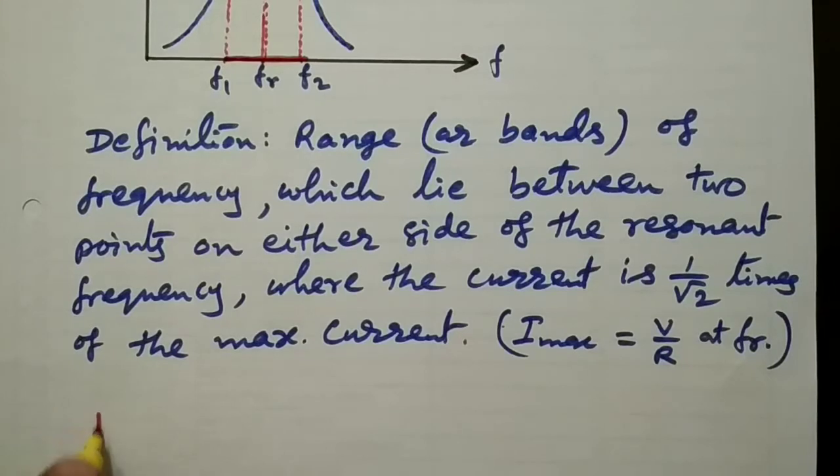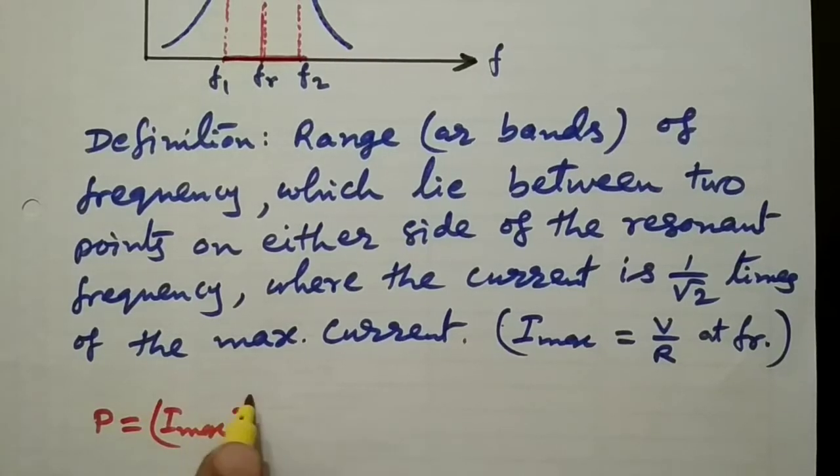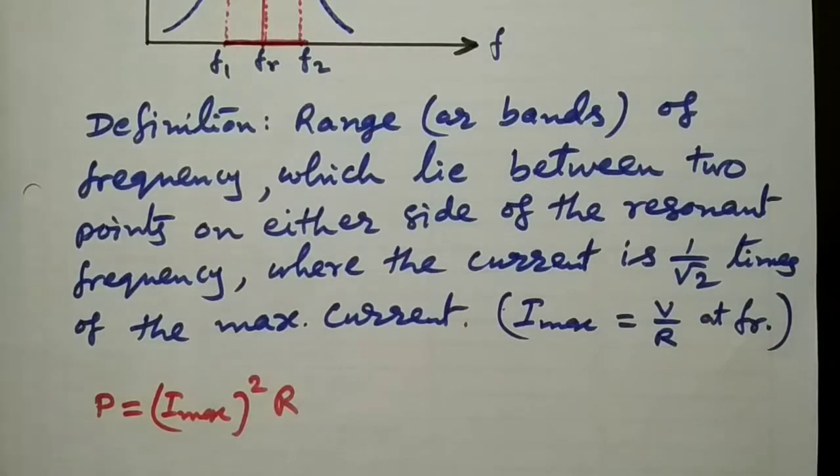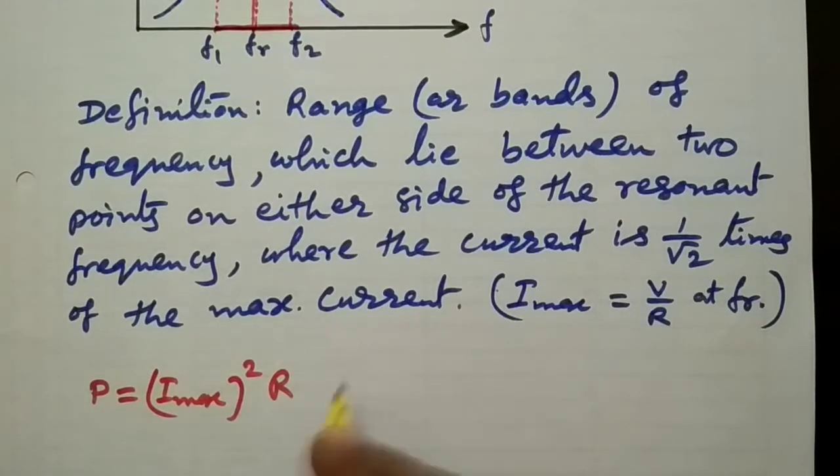The power of the circuit will be Imax square into R. So this is the maximum power that we can obtain at resonance condition. This is at FR frequency.